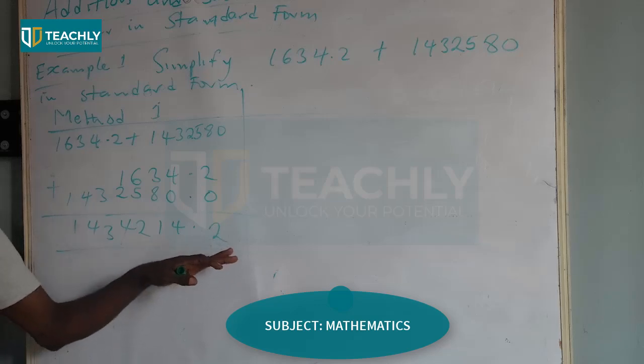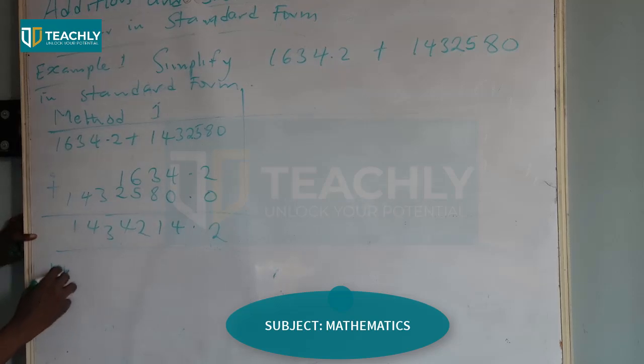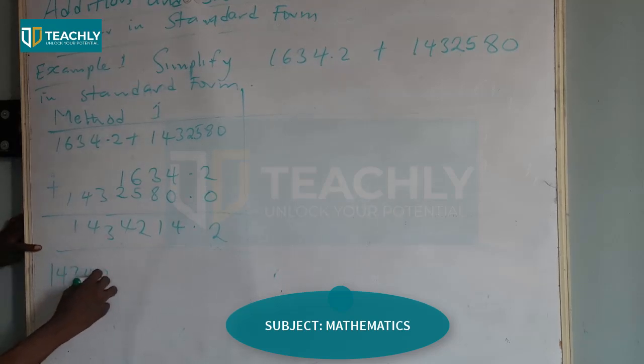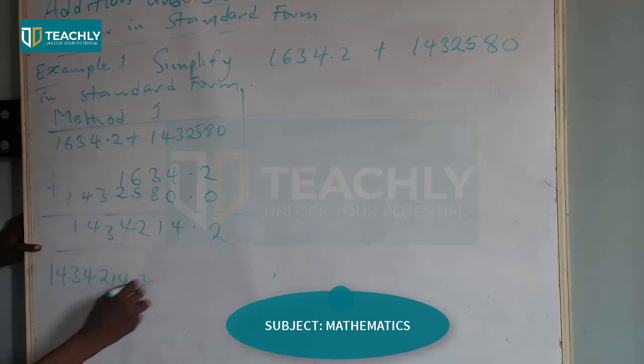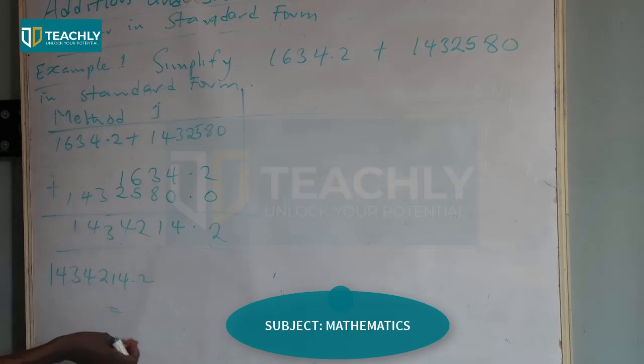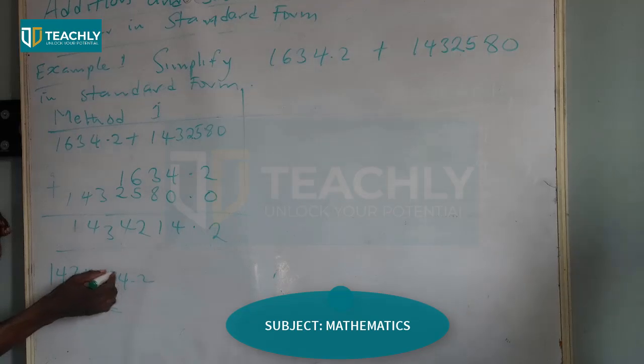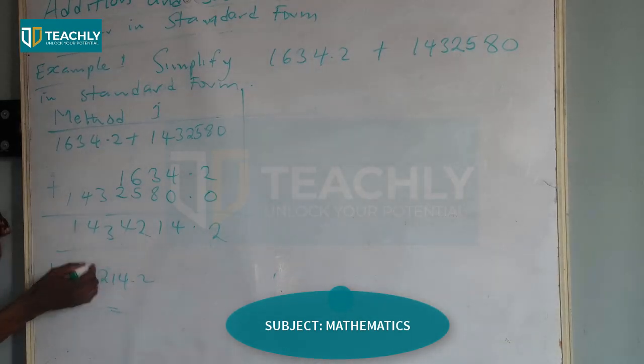But now, after getting the final answer, you will convert it back to standard form. So you have 1434214.2. The standard form will now be, don't forget the rule. What is the rule? Shift the decimal point to the back of the first number, shifting from right to left, which is a positive power. So let's shift: 1, 2, 3, 4, 5, 6, six times.